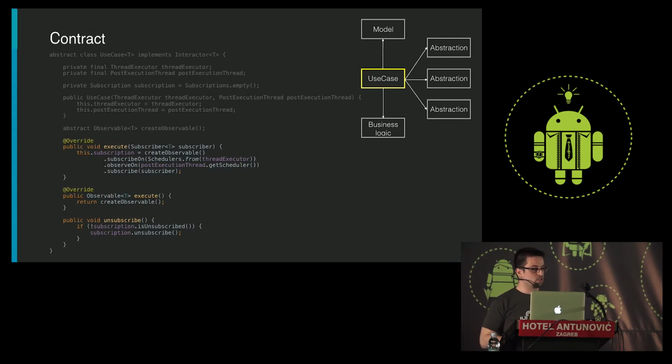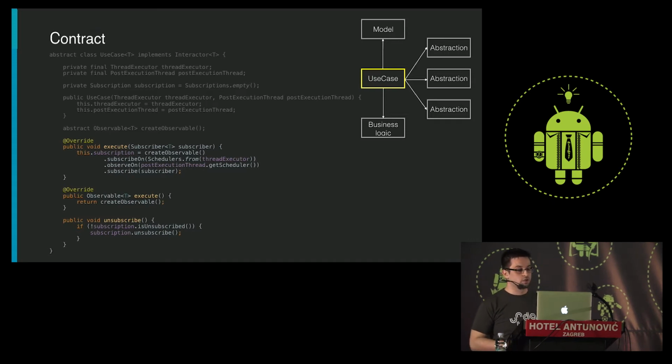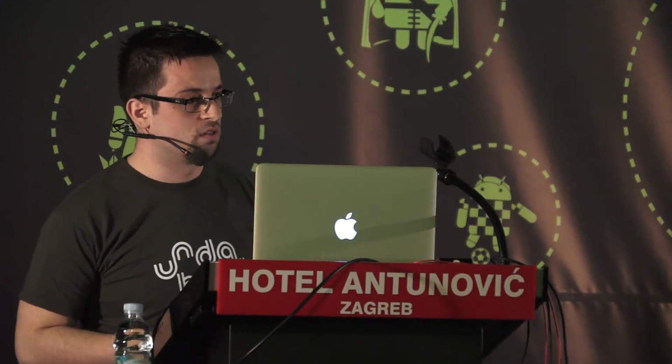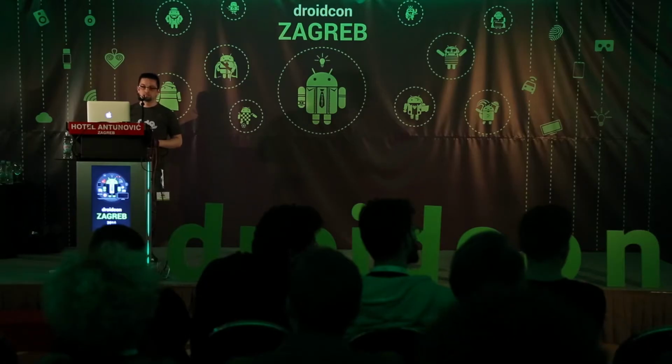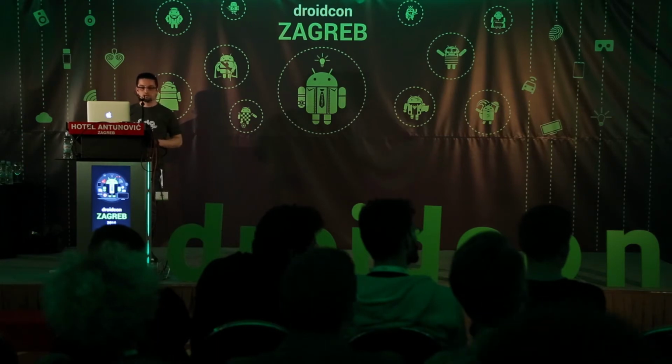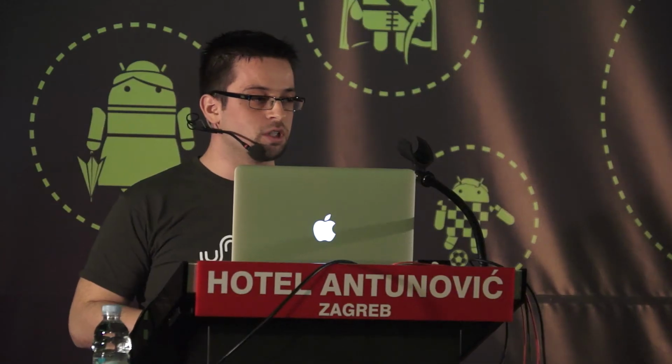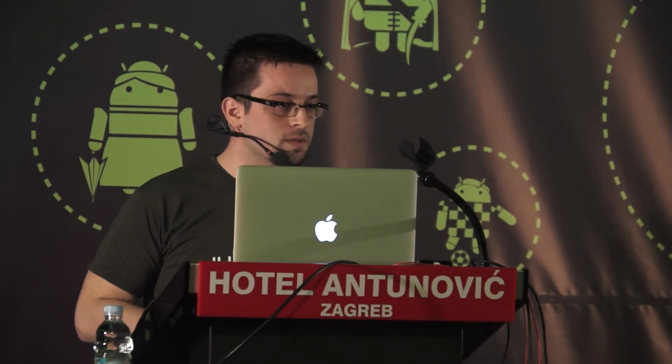We also store the subscription in a field because we want to provide unsubscribe functionality on the use case itself, besides the possibility to unsubscribe from the passed subscriber. And the second execute, which needs to return the stream for this use case, basically returns whatever create observable creates.